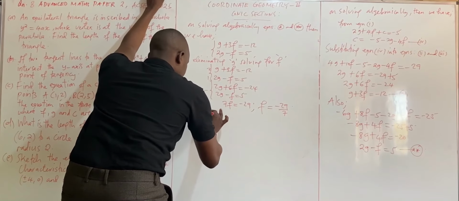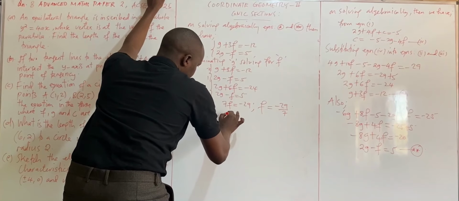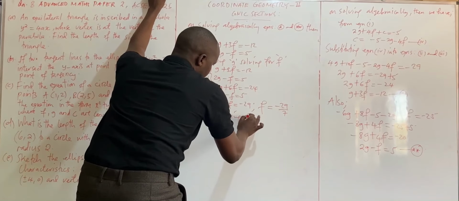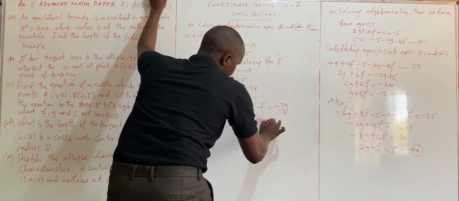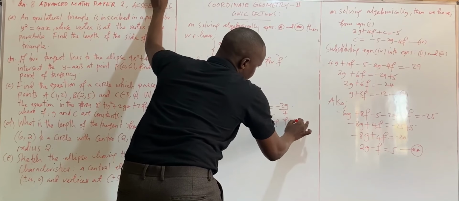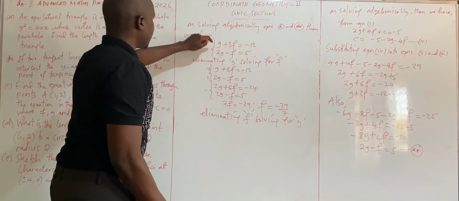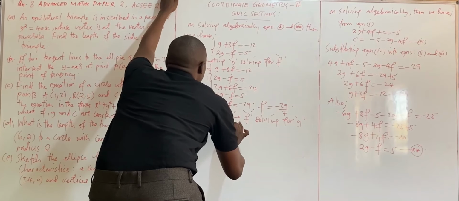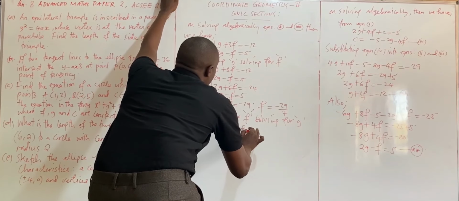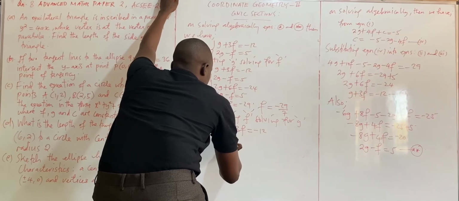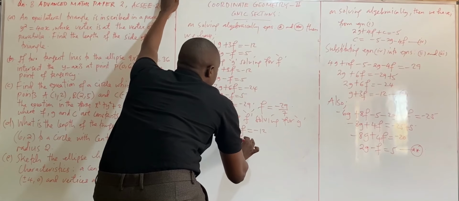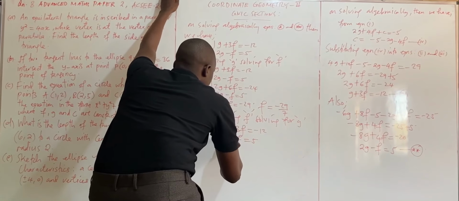Again, coming to eliminate, so we say eliminating F, solving for G. So we go back again here. That G plus 3F equals negative 12, then 2G minus F equals 5.